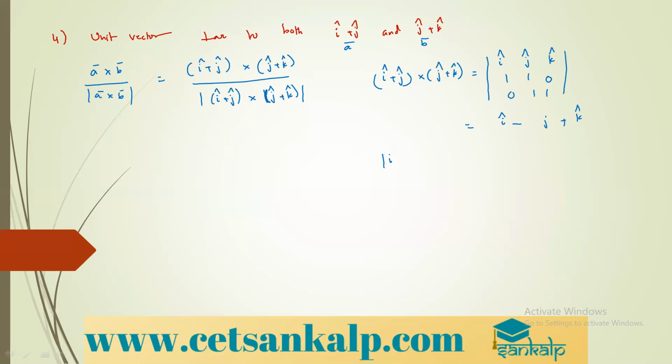And the mod of I plus j cross j plus k also I will find. Square root of 1 plus 1 plus 1. That is square root of 3. So here I can write I minus j plus k by square root of 3. This is how I will get the answer.